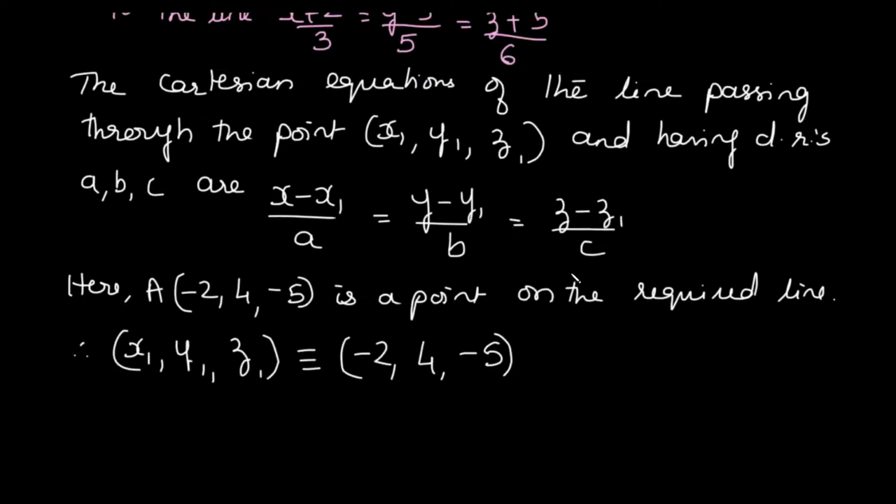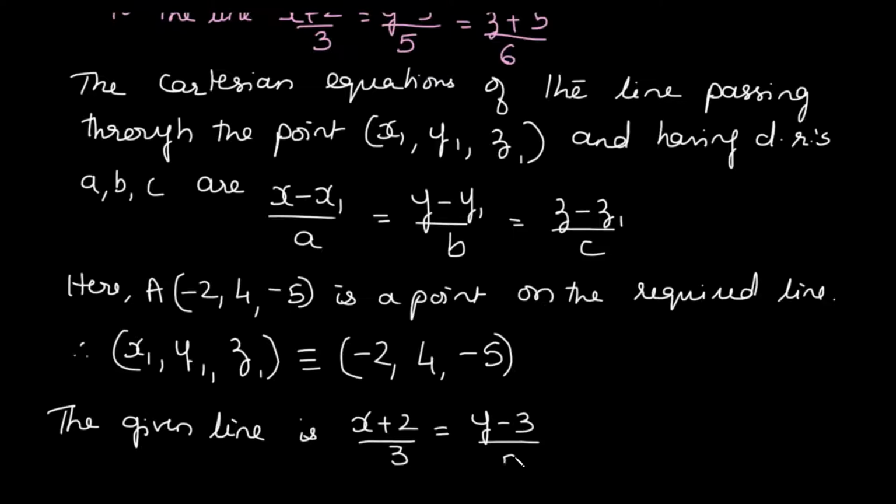Now what about a, b, c? For the given line, they have given us a line. So the given line is x plus 2 upon 3, as you can see over here, x plus 2 upon 3 is equal to y minus 3 upon 5 is equal to z plus 5 upon 6.